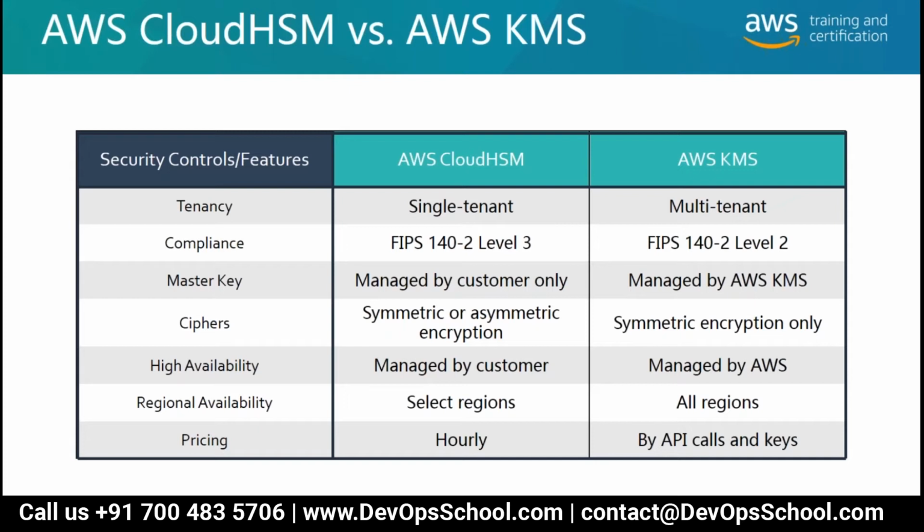Compliance-wise, HSM satisfies FIPS level 3, whereas AWS KMS satisfies level 2. The master key is managed by the customer only in HSM, whereas in KMS, the key is managed by KMS.